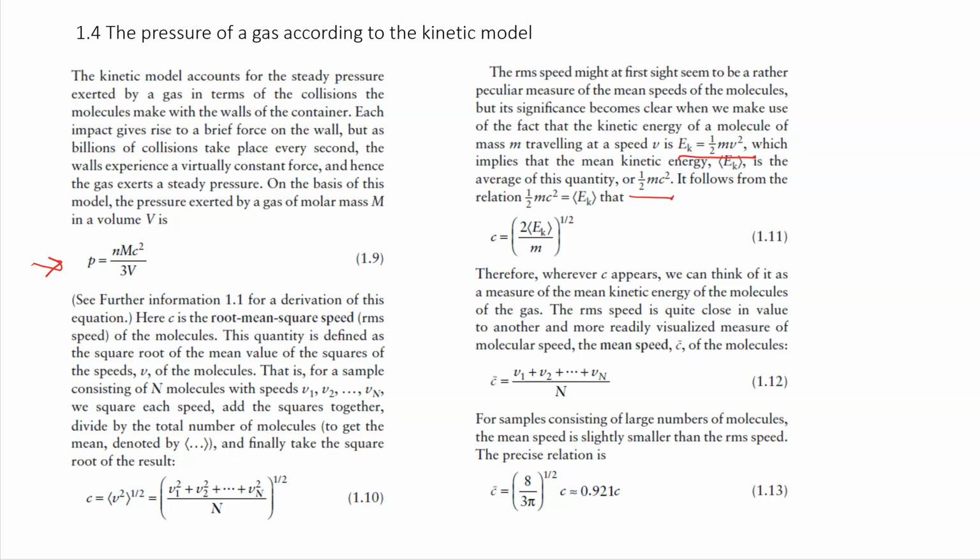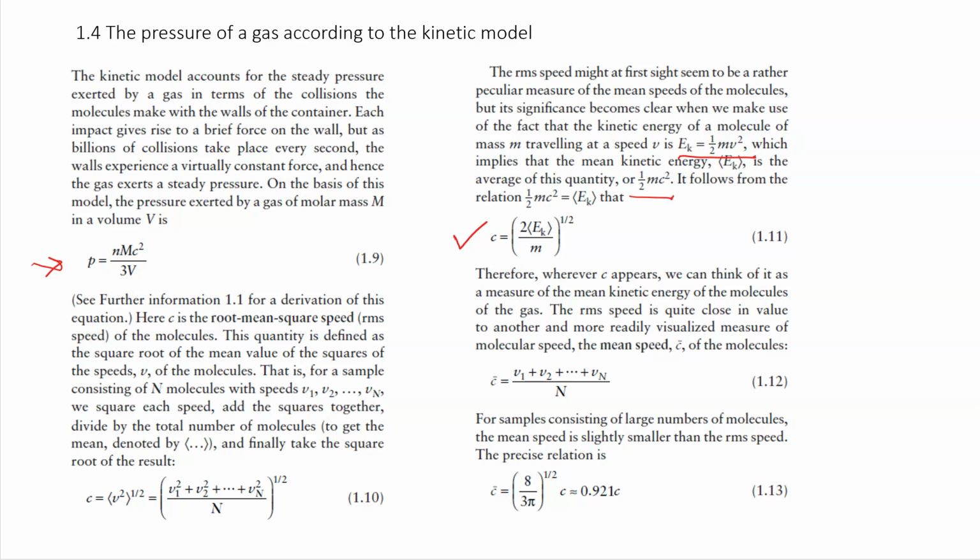So it follows from the relationship 1/2 mc squared equals the kinetic energy that the root mean square speed c equals the square root of 2 times the kinetic energy of the sample of gas over m, where m is the mass.